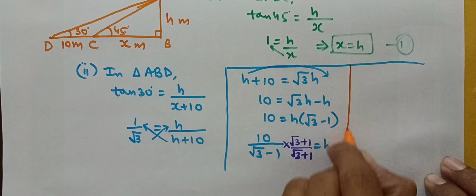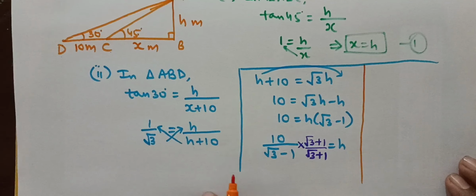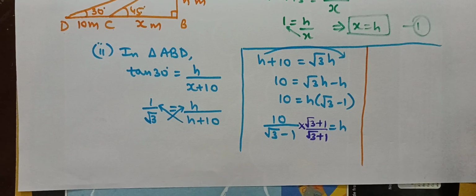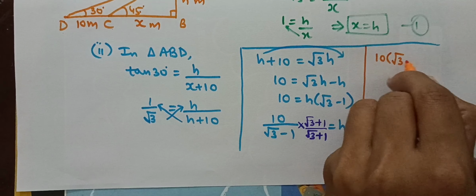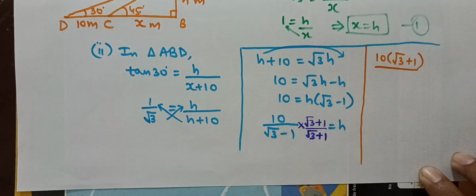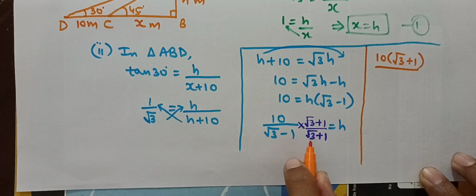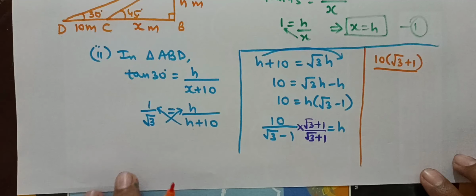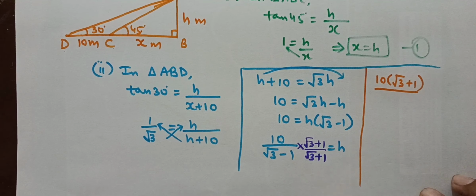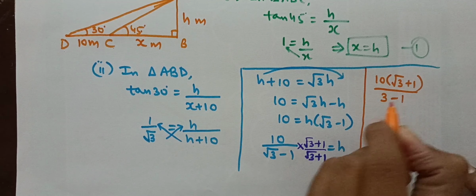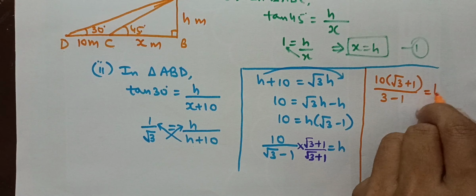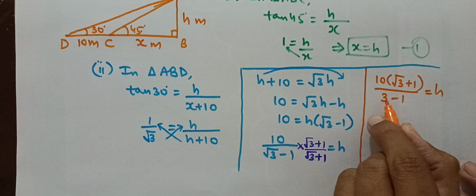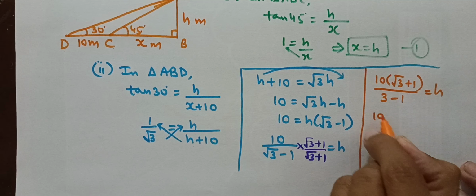So the next step after that: 10 with root 3 plus 1. So we can write 10 and root 3 plus 1 in the numerator. A minus b into a plus b is a square minus b square. It means root 3 square is 3 and 1 square is 1. Then after, 3 minus 1 is 2.